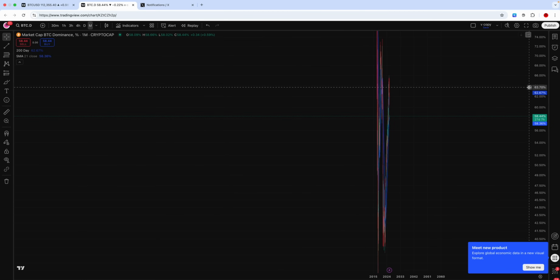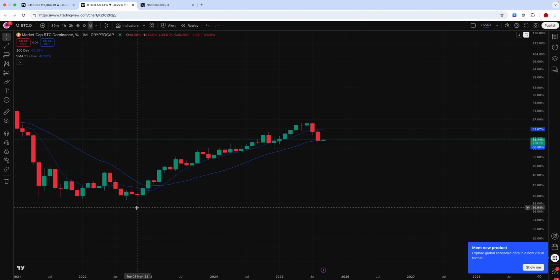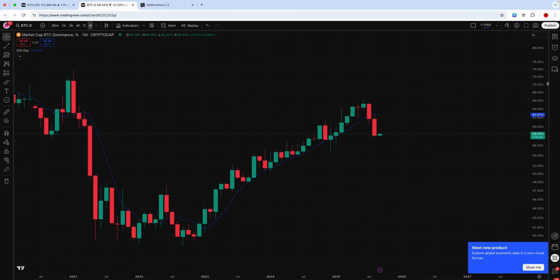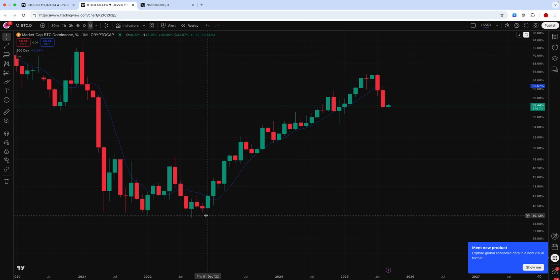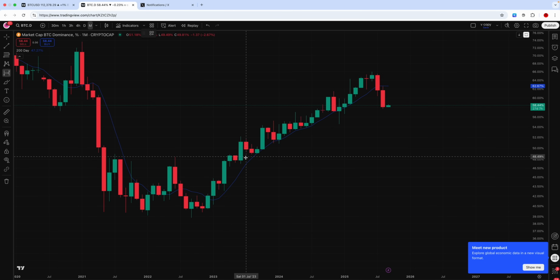Take a look at Bitcoin dominance going all the way back to November of 2022. Do you guys see we haven't had a monthly close below the 200-day moving average this whole entire time? It's not until July of 2025, which was just 2 months ago, right?